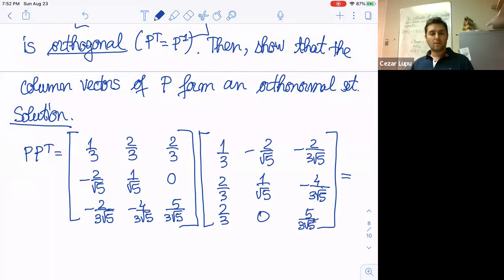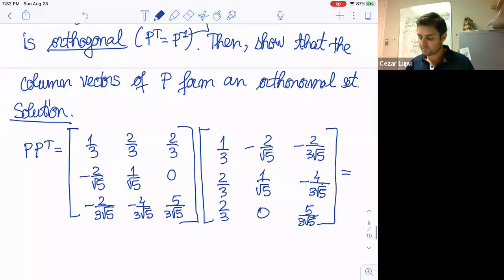Okay, so let's multiply these two. It's quite clear what the result is. When you multiply these and you add them, you have 1/3 times 1/3, and so on. I'll leave it to you as an exercise to show that this is the identity.